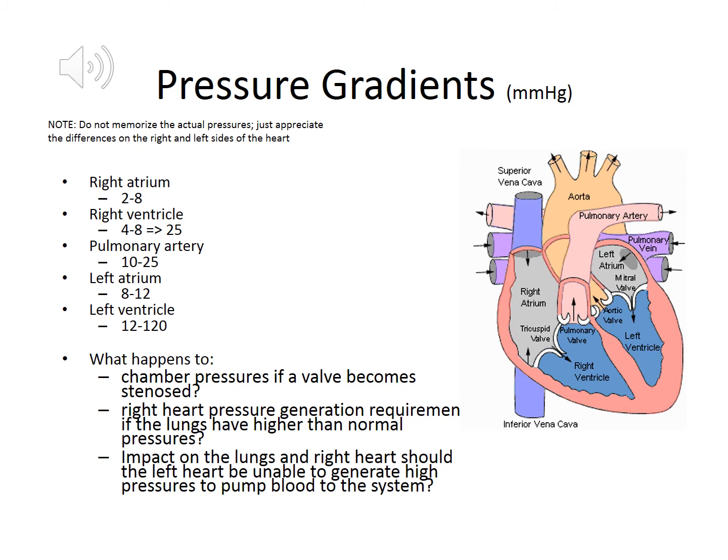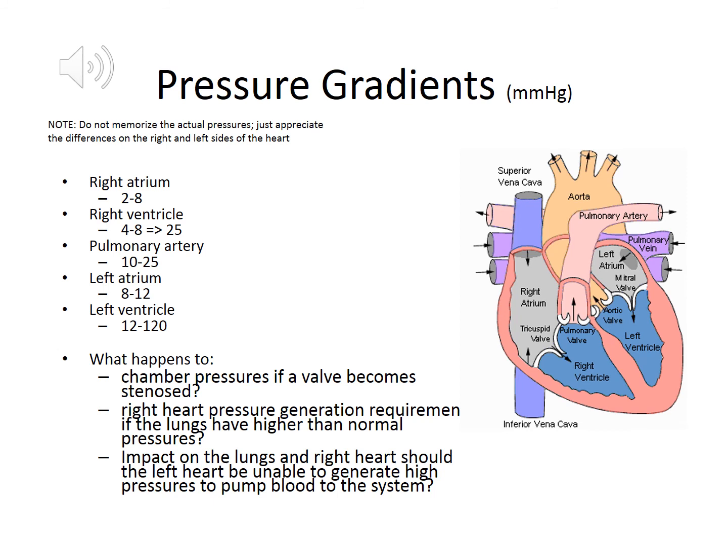Well, suppose that there's some kind of a lung problem that causes the lungs to offer a lot of resistance to blood flow. The right heart is not made to function under high pressures, but in the case of high pressures in the lungs, the right heart would be forced to generate enough pressure in order to try to force blood through these compromised lungs.